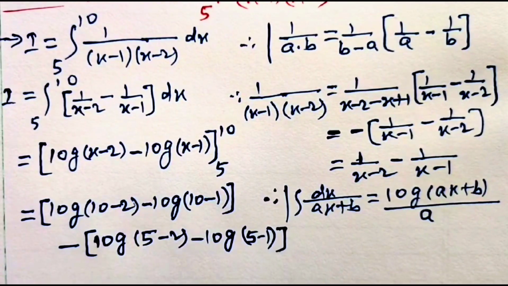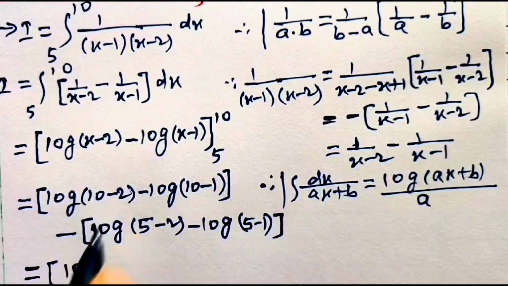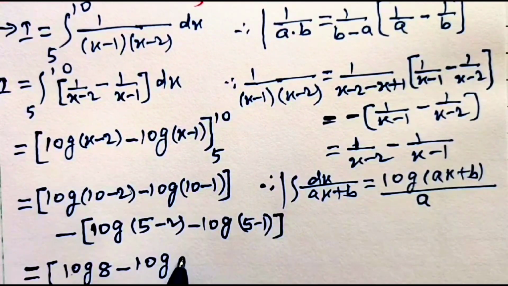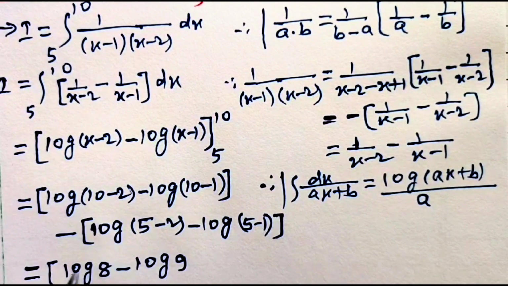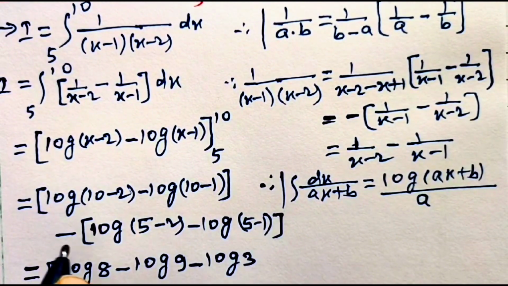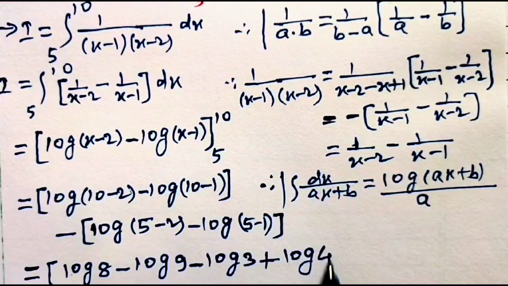This is the second bracket, substituting the lower limit. Now simplify this. I is equal to logarithm of 10 minus 2, which is 8, minus logarithm of 10 minus 1, which is 9, minus into bracket minus logarithm of 5 minus 2, that is 3, minus minus plus logarithm of 5 minus 1, that is 4.